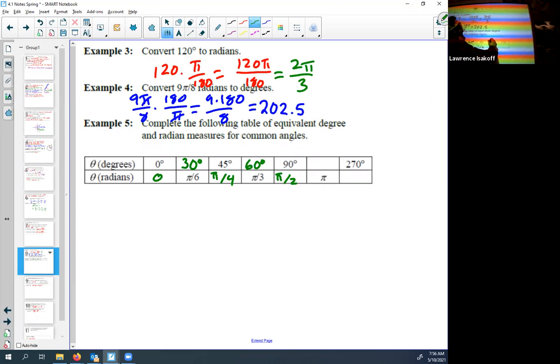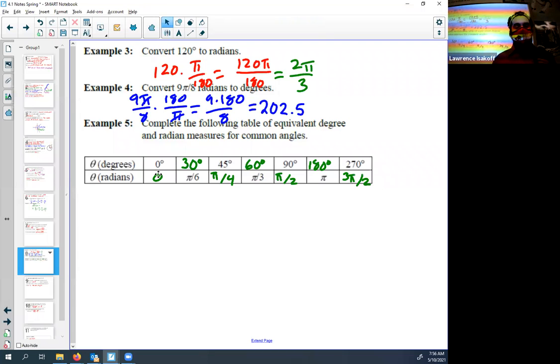Pi radians corresponds with 180 degrees. 270 degrees corresponds with 3 pi over 2. So again, these are just common conversions. I do hope you take the time to learn.